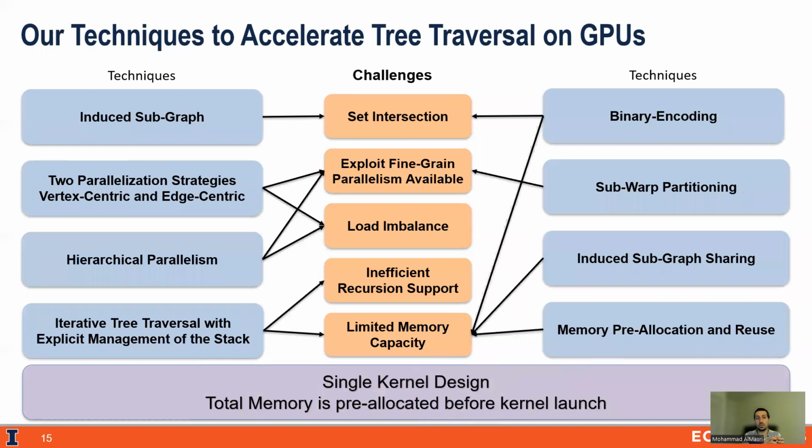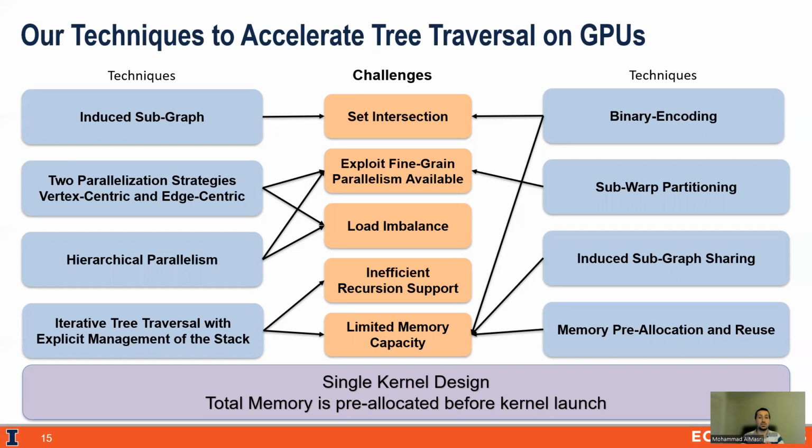Here I'm showing all the techniques that we used to accelerate this problem, and all of them will help. These techniques are designed to operate using a single kernel call, where there is no memory transfer between CPU and GPU. There is no overhead of multiple kernel launches like BFS approaches. And also our memory requirement is pre-allocated and known before we even start the computation itself.